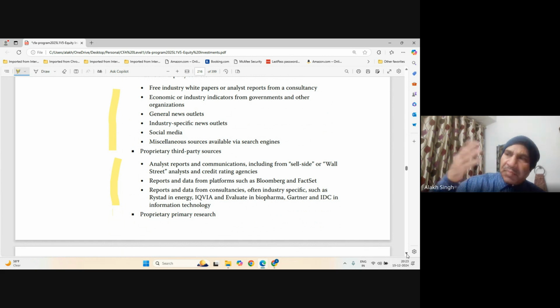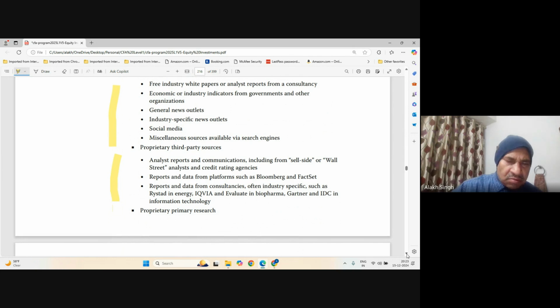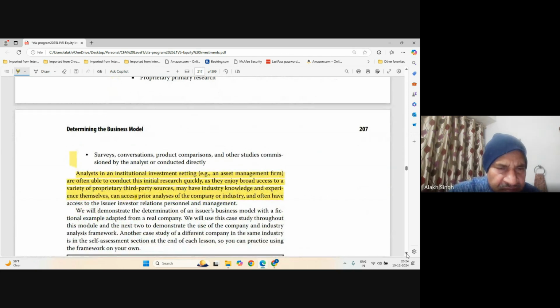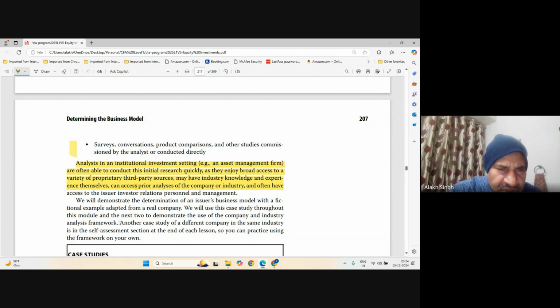Or if you are a buy side analyst, then your company will also do proprietary primary research. Then you can do surveys, conversations, product comparisons, and other studies commissioned by the analyst or conducted directly. So if you are an analyst, you can do that if you have time and money, or you need that information.